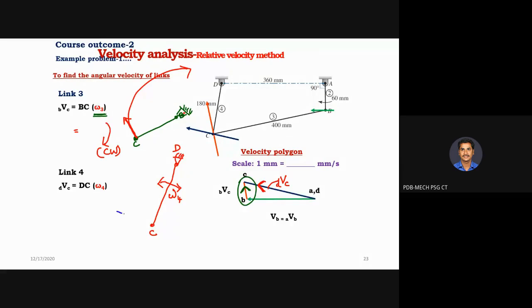If you place it here, will it go like this? Right or not? Bring this vector and place it at this point C. If you place it, about point D, your C is rotating in which direction? Clockwise. Yes, about this point D, your C is rotating clockwise.